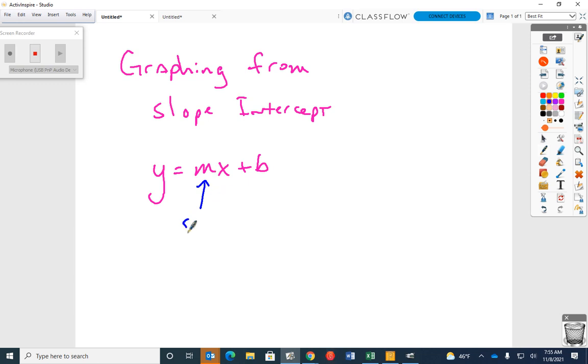Slope. Okay, and slope is always expressed as a what? A fraction, a ratio. Okay, this b stands for the what? Y-intercept. And basically, what that means is where the line, when we graph it, crosses the y-axis. Okay? That's super important.